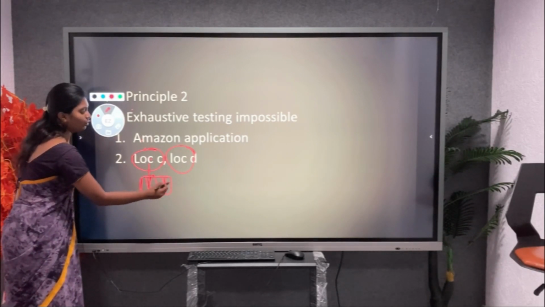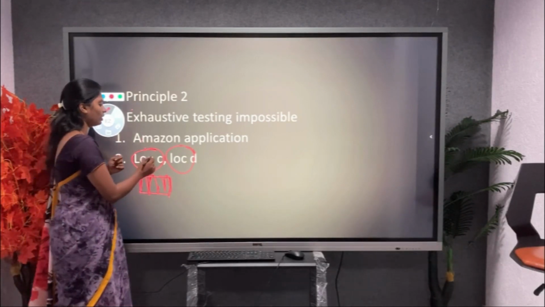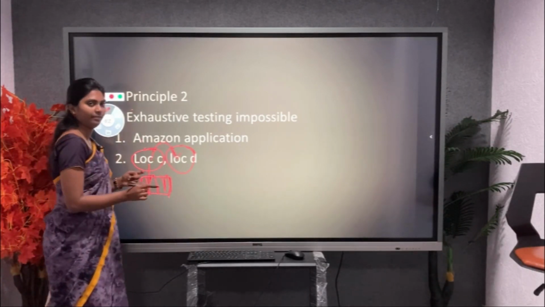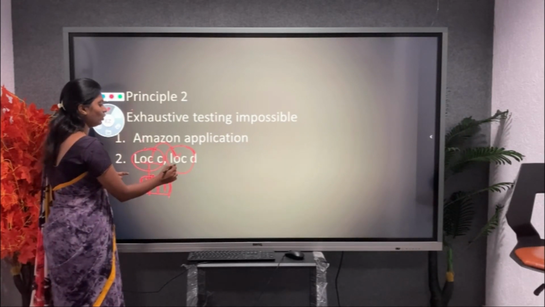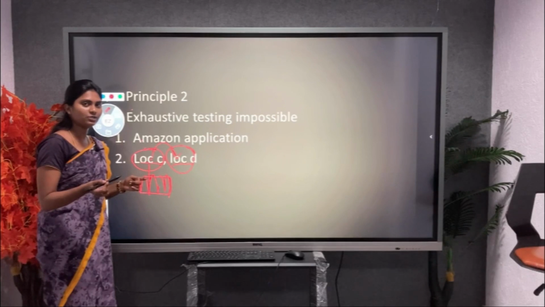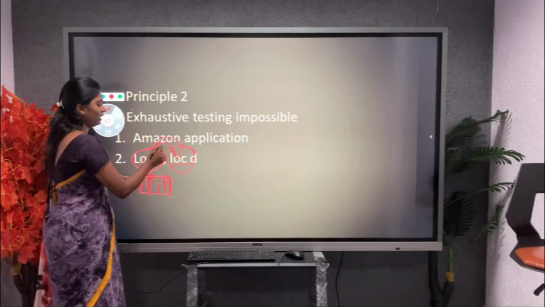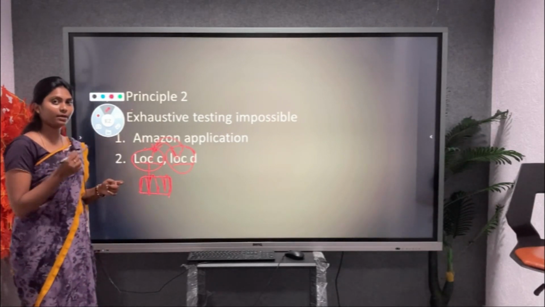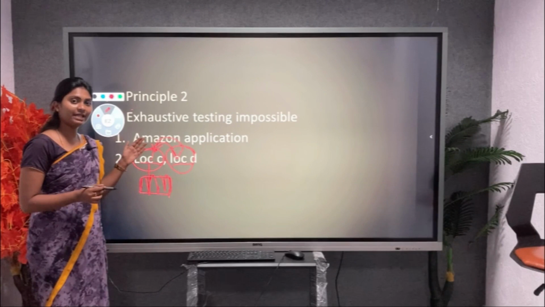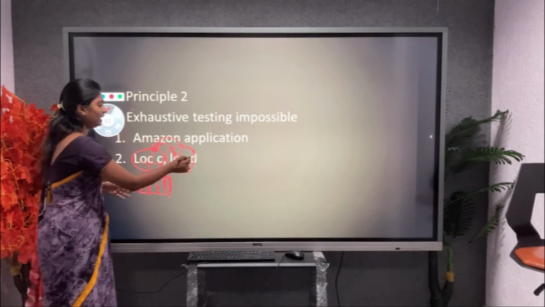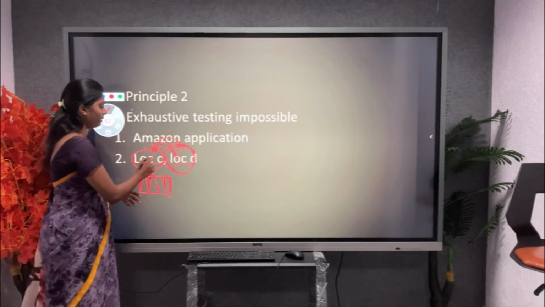Now I want to transfer data from local C to local D. How can I transfer it? I will send the permission request to local C, and local disk D will give the permission.